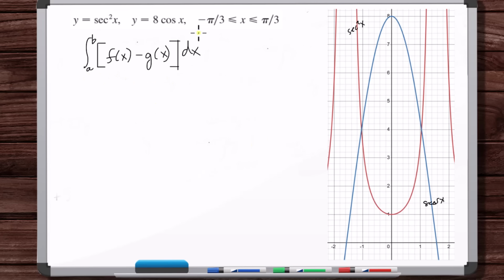Well, we can check the dx. You're breaking up the independent variable. It's not always x. In upcoming problems, the independent variable is going to be y. But here it's x, and that is the case here.